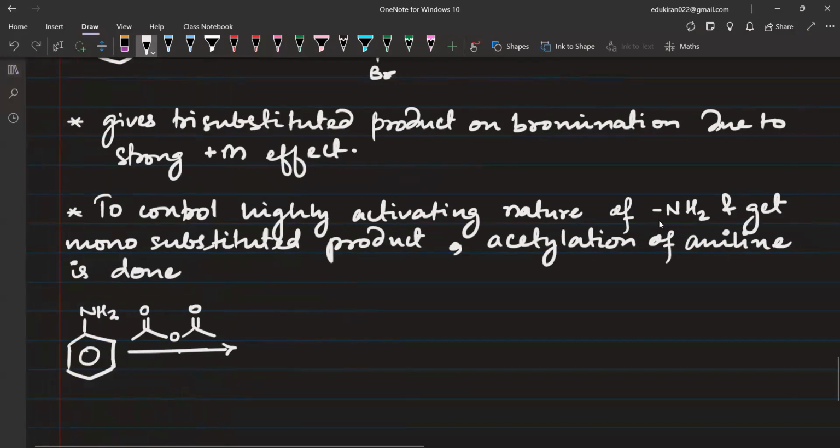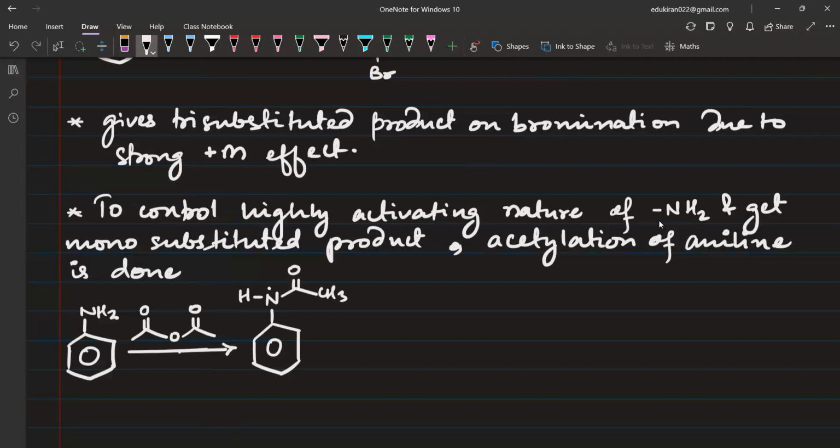So what happens then? We have the benzene ring as it is, the nitrogen atom is as it is. अब यहां से एक हाइड्रोजन निकल के एक हाइड्रोजन बचता है, and this nitrogen atom is directly bonded with C double bond O and CH3. So this acetyl group has been attached.